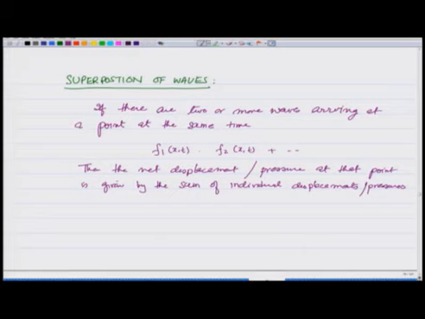I will keep using the word displacement, I do not want to write pressure again and again. So, the net displacement at that point f(x, t) will be equal to f1(x, t) plus f2(x, t) and so on. So, at any point when I see the net displacement, it will be the sum of all these different waves arriving there.